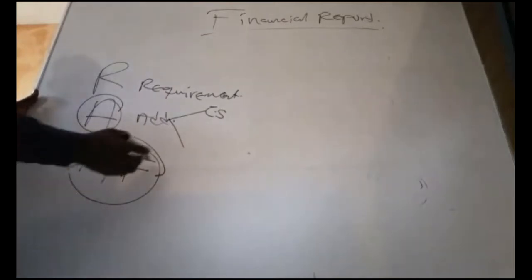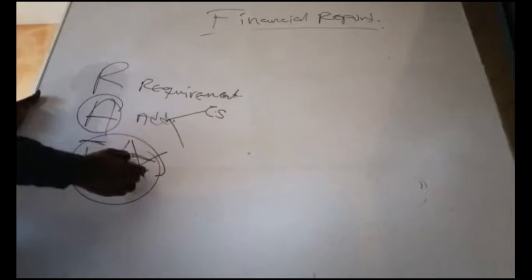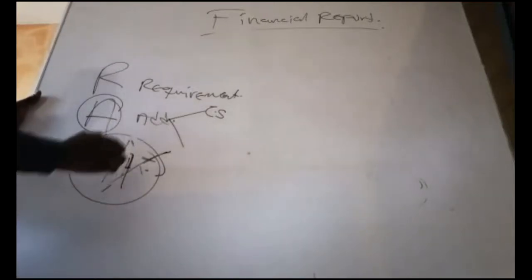If it is profit or loss, they will give you a trial balance. If it is capital reduction, like the one we are going to do tonight, they will give you financial statements. If it is ratios, financial statements. If it's cash flow, financial statements. So scan through.